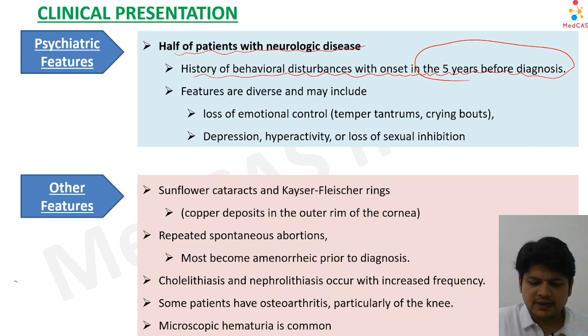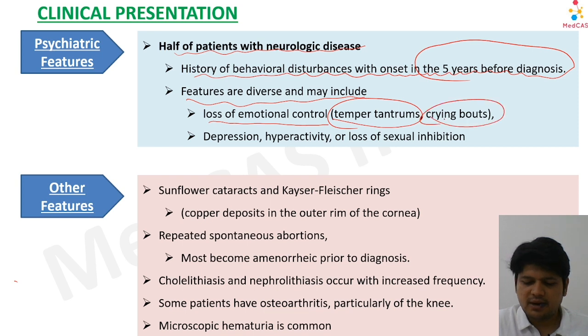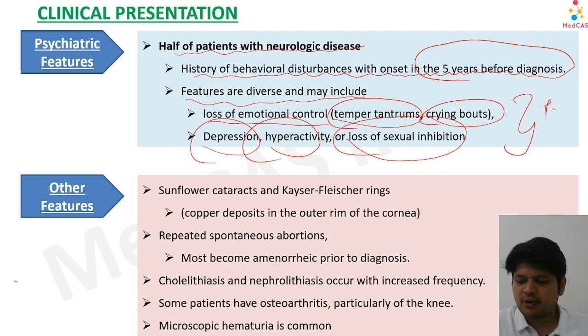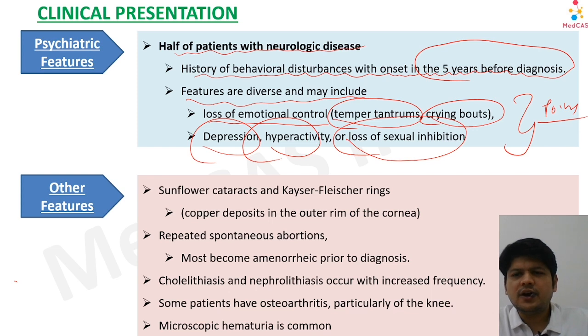Okay, so the features are diverse and may include loss of emotional control, temper tantrums, crying bouts, depression, hyperactivity, loss of sexual inhibition. These are all pointers to your Wilson's disease, right? So this all happens in a young kid, and most of the time it is ignored, that kid gets punished or something keeps happening.